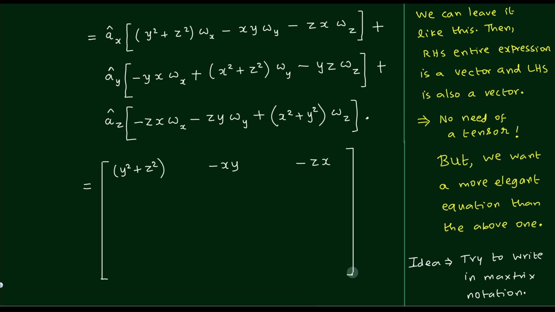This is no drawing, the straight line is difficult. Similarly, write down the second part: minus yx, then you have x square plus z square, and then the last part is minus yz. You have to be careful with minus and plus. And the last row: minus zx, then minus zy, and that one is x square plus y square.